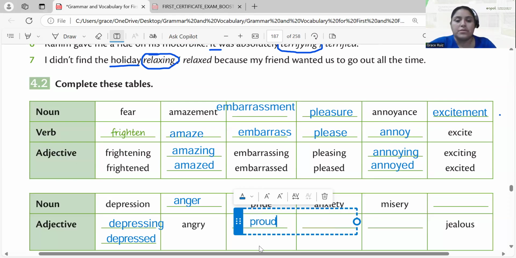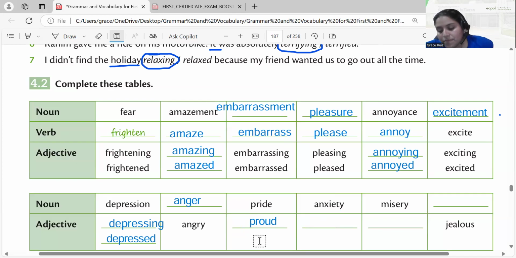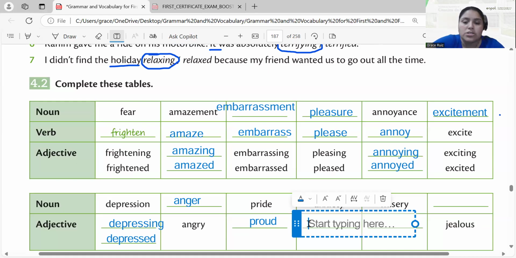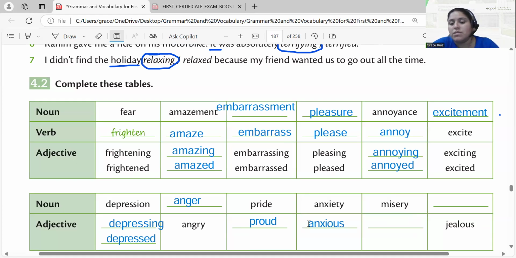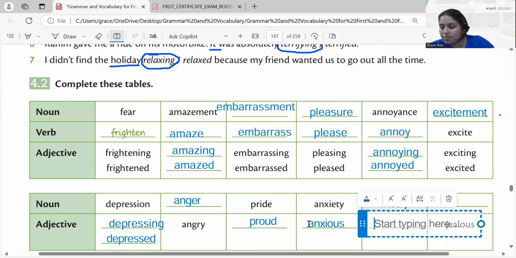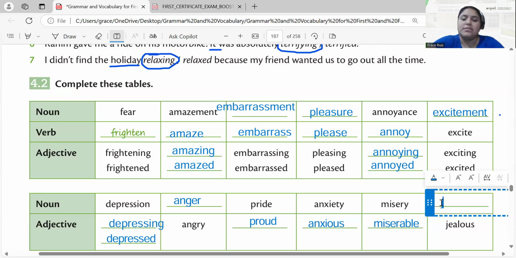Proud. Anxiety will be anxious. The misery will be miserable. And jealous will be jealousy.